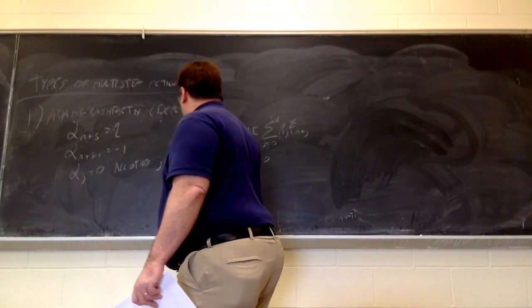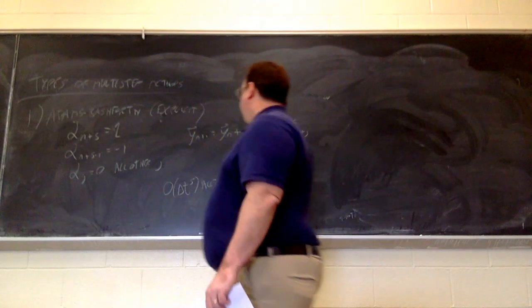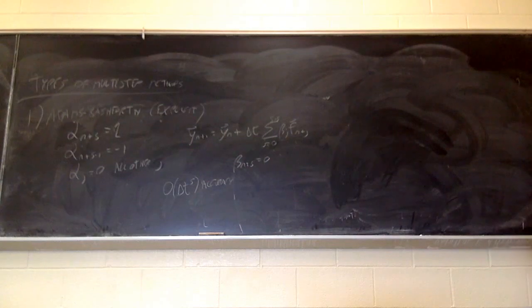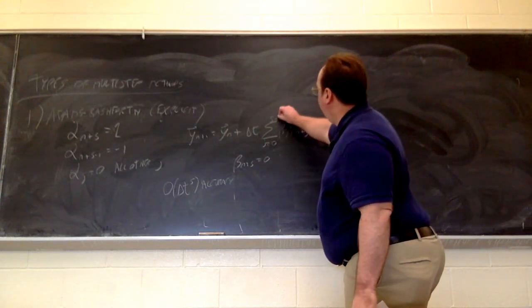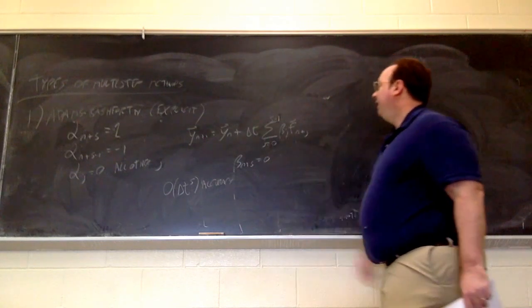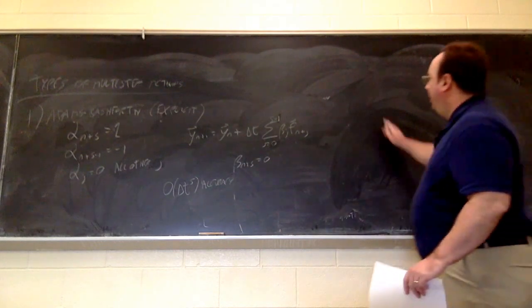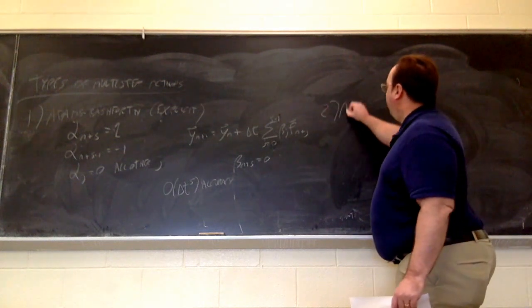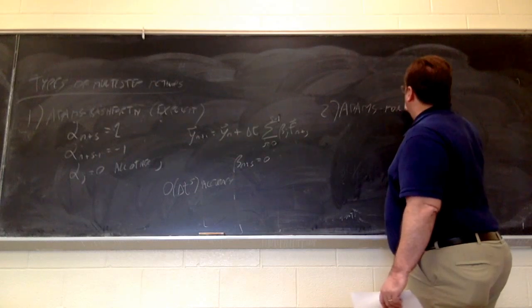And the accuracy is order delta t to the s. So you could choose, that is s minus 1 there, to leave out that final beta to make it explicit. We also have the rest of the Adams methods, Adams-Moulton.